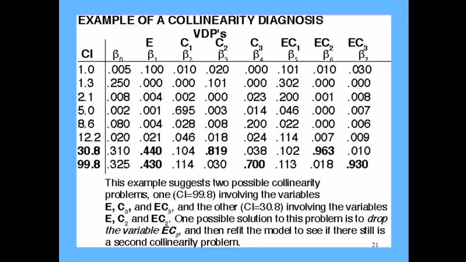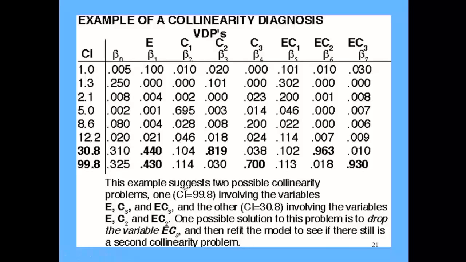So I put in bold 0.430, 0.700, and 0.930. This isn't even 0.5, but it's close. Okay. Now, the way you would proceed with this, and I'm just giving you the idea of what you do, you say, okay, this is the highest condition index, and it's very high. And it looks like there were three bold VDPs, three high VDPs.